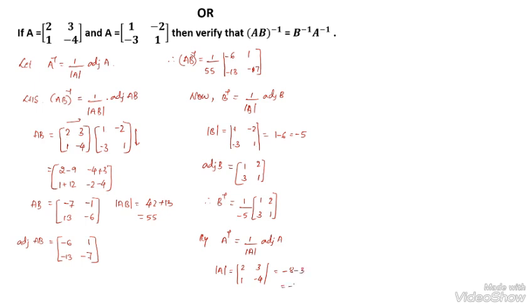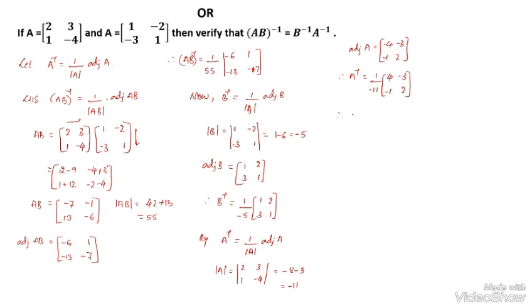It is minus 11. Now the adjoint of A: minus 4, minus 1, minus 3. Then A inverse is 1 divided by minus 11 into 4, minus 3, minus 1, 2.